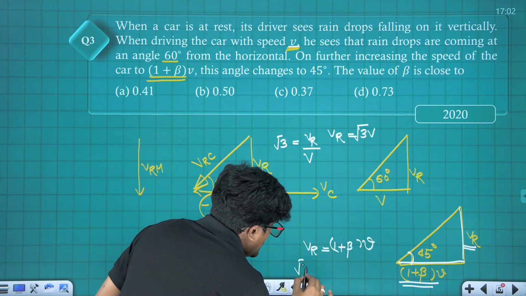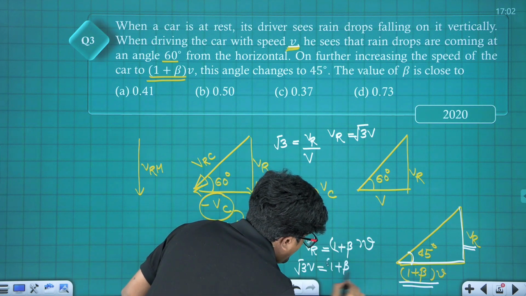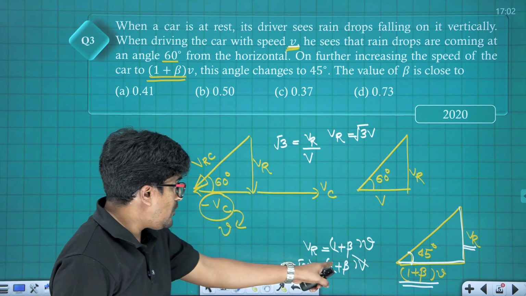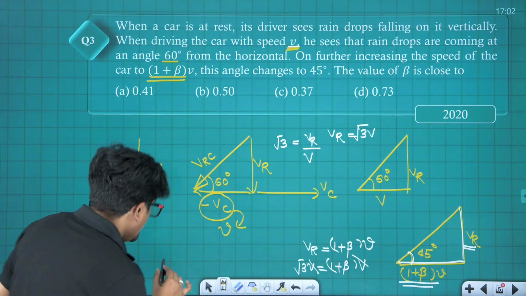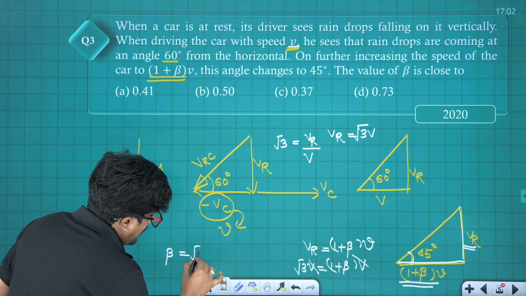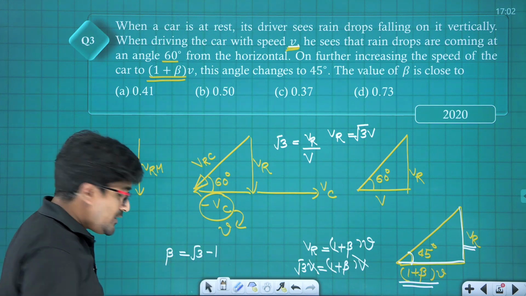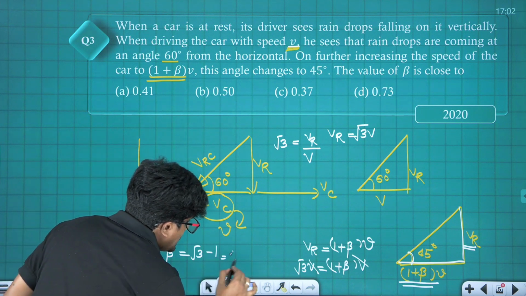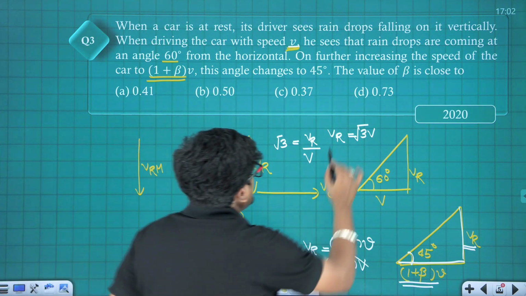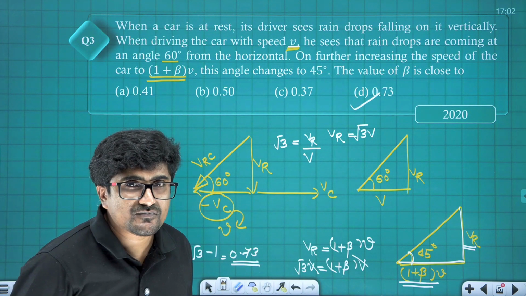So root of 3 times V is equal to 1 plus beta into V. V and V can get cancelled. Now what's beta? From here I can say that beta is equal to root of 3 minus 1. Root of 3 is 1.732, minus 1 is 0.73. Approximately, I can choose option D as my correct answer.